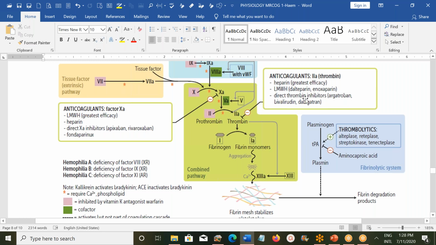Then there are direct thrombin inhibitors like argatroban and dabigatran. These are the direct ones and the others are indirect. They are going to prevent clot formation. Just remember, they inhibit clot formation.